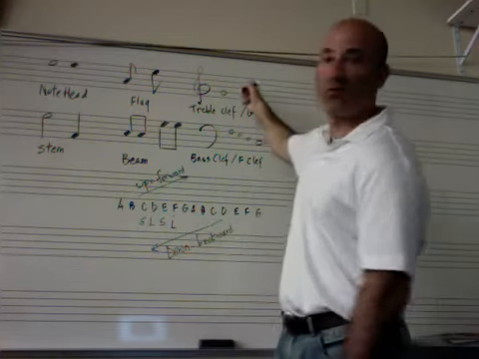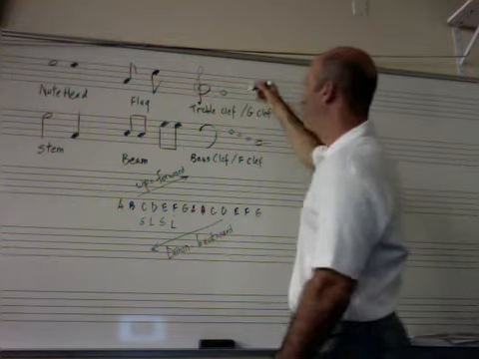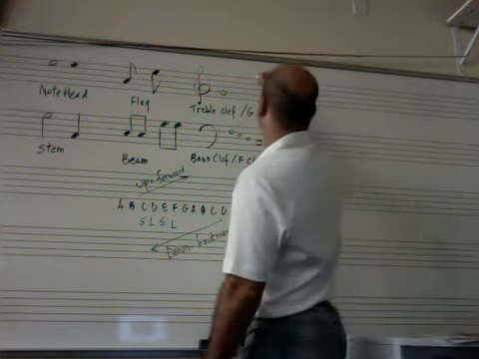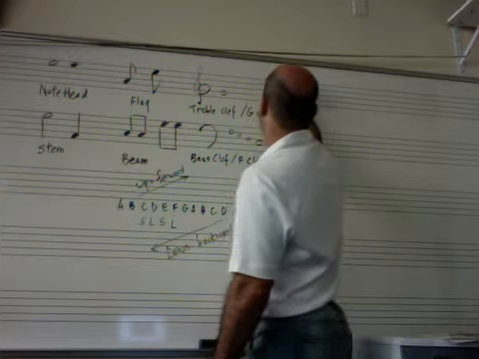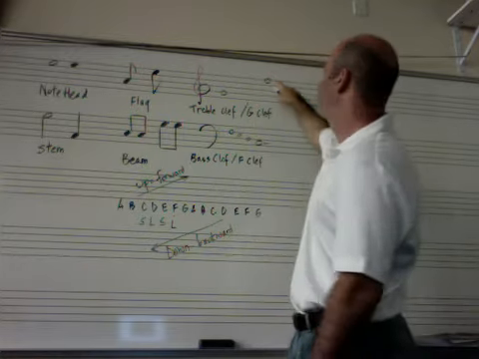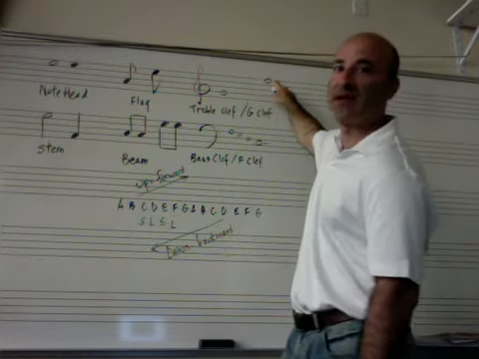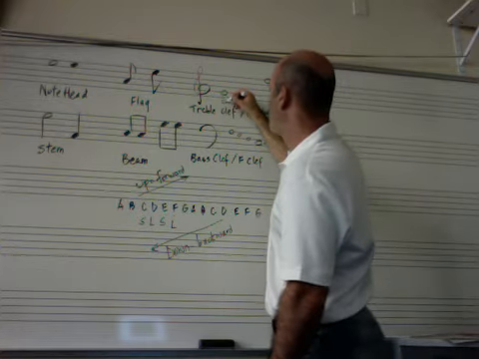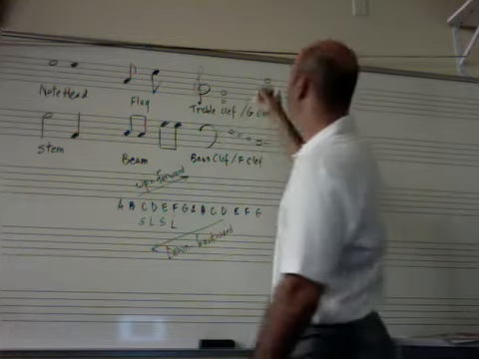Let's try one for treble clef as well. So we're going to start with G, which is on the second line, and we're going to draw a note all the way up to the top line. That's the 5th line if we're counting from the bottom up. So we start on G, and G is a line note.